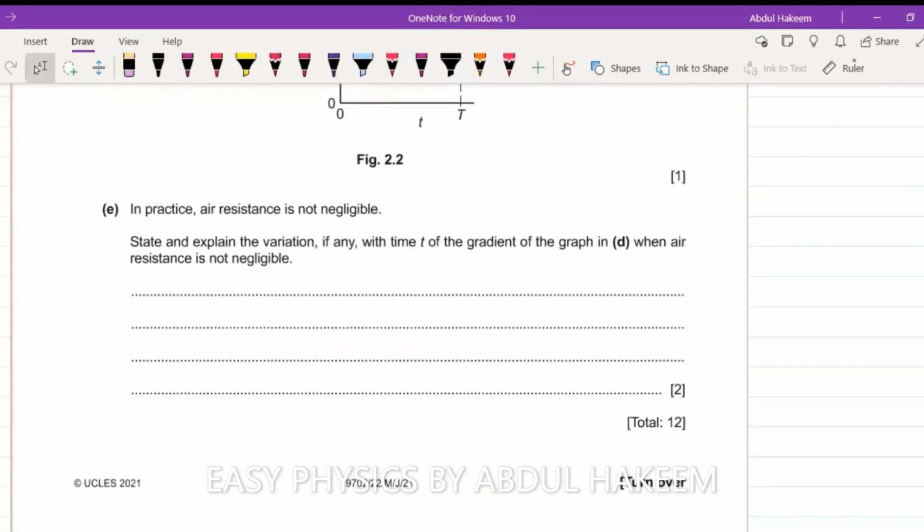Next, in practice, the air resistance is not negligible. Explain, if any, the variation with time t of the gradient of the graph when air resistance is not negligible.